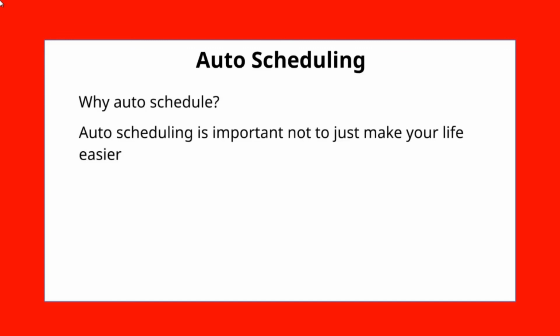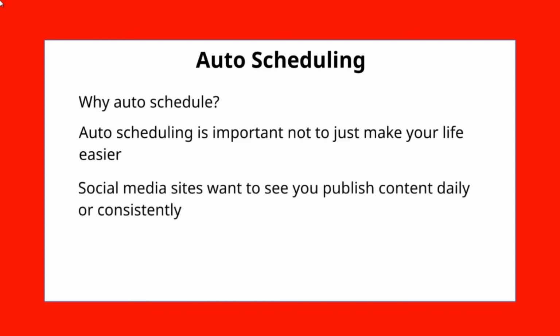But it's not just that. As you are aware of social media sites like Pinterest, like Facebook, Instagram, and more, these sites like to see you publish daily or on a consistent basis. And not just that, as you can imagine, your audience that comes to follow you, they're looking to hear from you on a day-to-day basis.